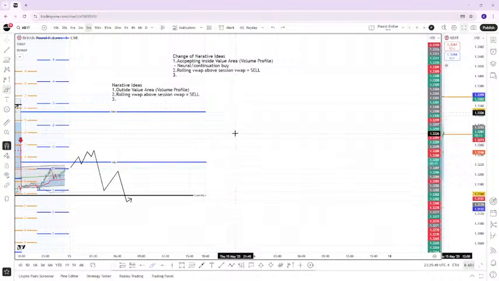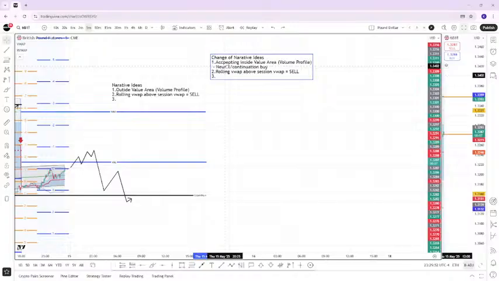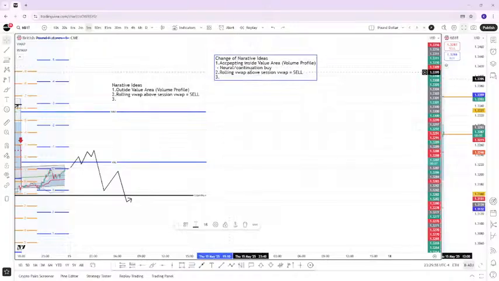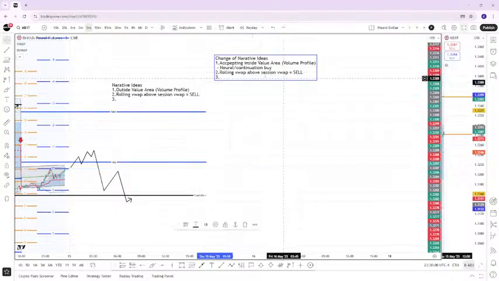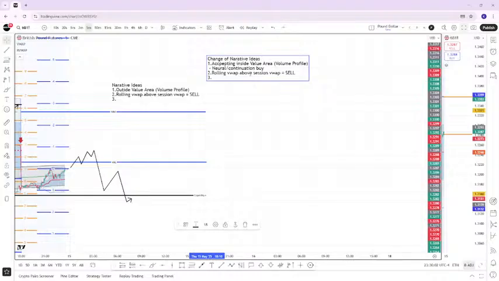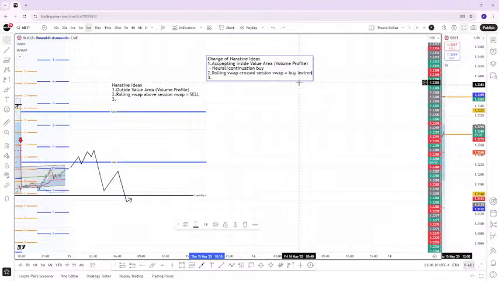Okay. If rolling view up crosses session view up, so what I just indicated, then we're in buy environment.